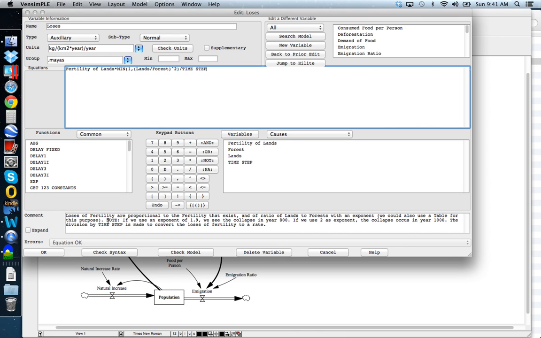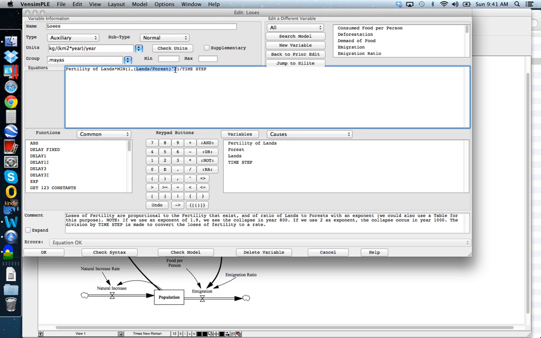But essentially what this says is that the loss of fertility is a product of the available fertility, so the fertility of lands, times the minimum of either 1, which means essentially there's no loss of fertility, or a ratio of lands to forests squared.